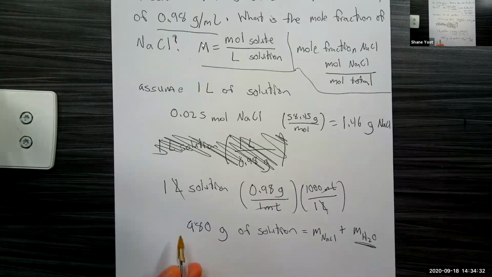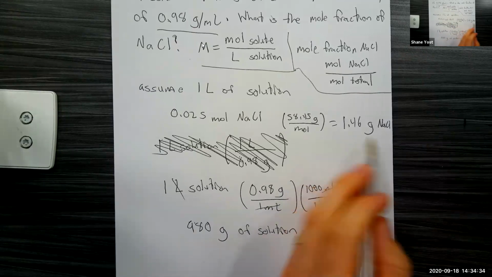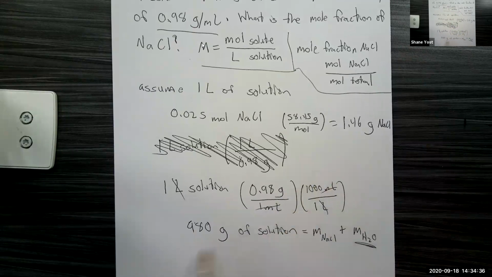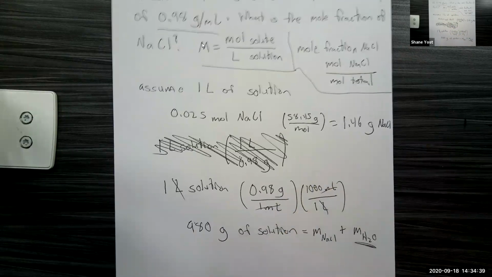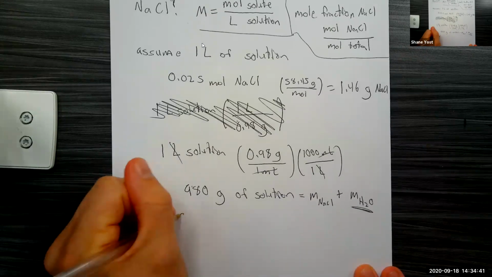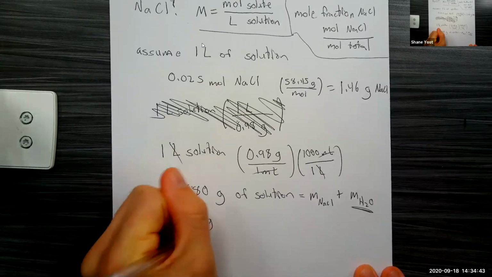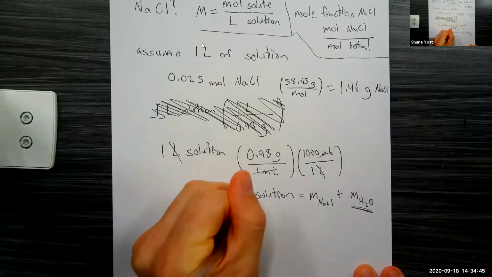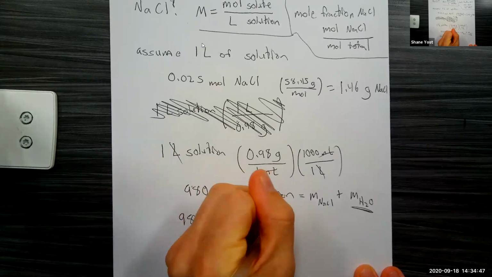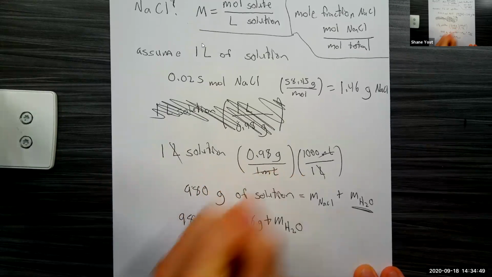Going back down here, now I have the mass of sodium chloride and the total mass of my solution, so now I can get the mass of water. So I have 980 grams equals 1.46 grams plus the mass of water.